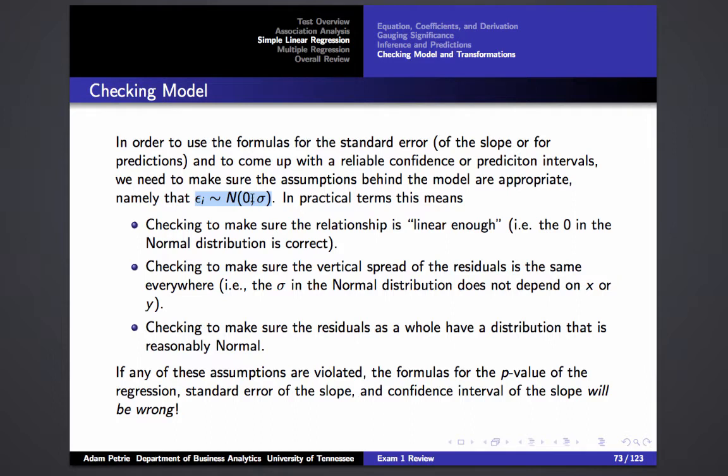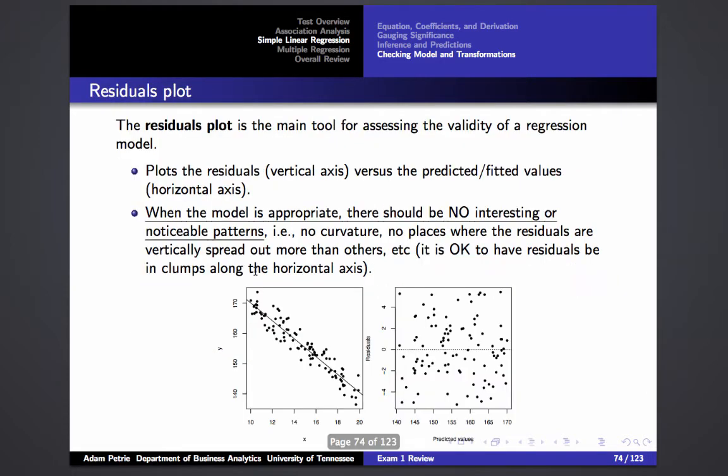So, key thing, you want to be able to check the validity of a regression model by doing statistical and graphical assessments. We need to make sure that the relationship is linear enough. We need to make sure that the vertical spread of the residuals is the same everywhere. And we need to make sure that the overall distribution of residuals is normally distributed. If any of these is violated, well, we can't use the regression at all.